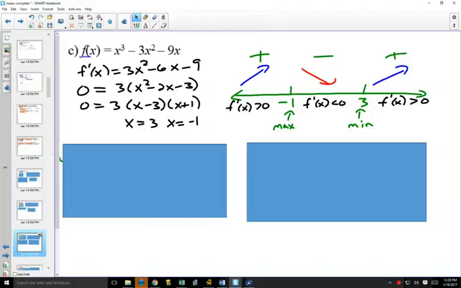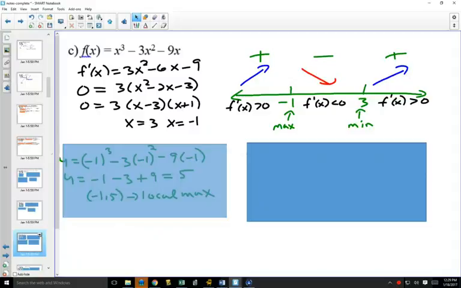So now that we've found those points, we know that if it goes from increasing to decreasing, it has to be a maximum. If it goes from decreasing to increasing, it needs to be a minimum. So it's really nice to have this diagram with the arrows like we have it, because it becomes really obvious what's a maximum, what's a minimum.